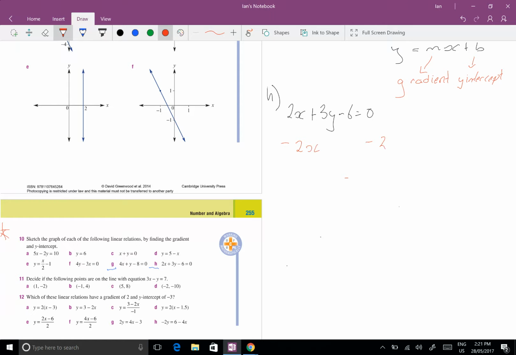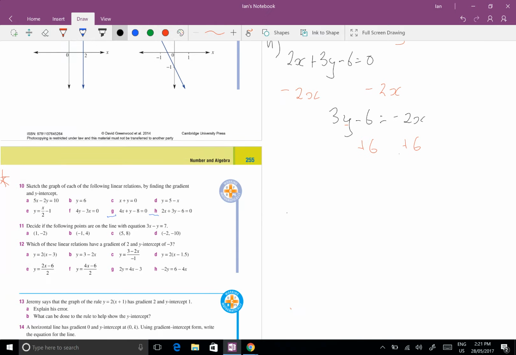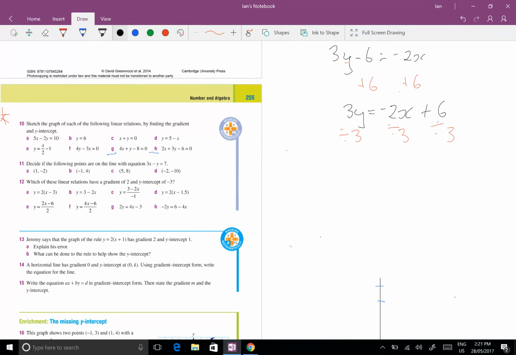Minus 2x, minus 2x, and I get 3y minus 6 equals negative 2x. We'll add the 6, and I'll get 3y equals negative 2x plus 6, and I'll divide by 3. Divide by 3, divide by 3, and that will give me y equals negative 2/3 x plus 2.